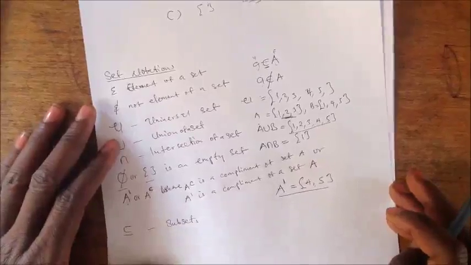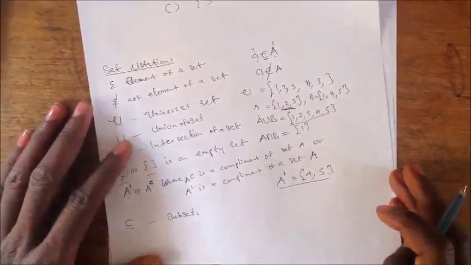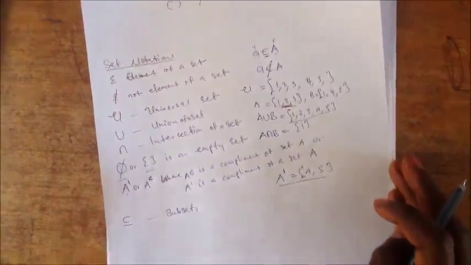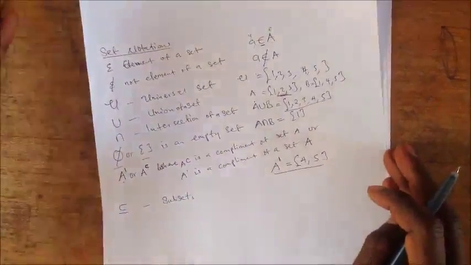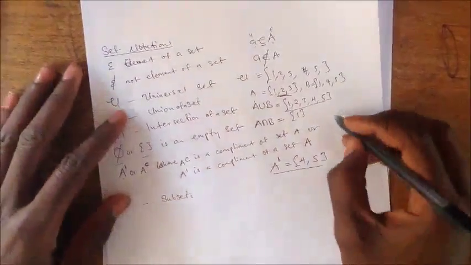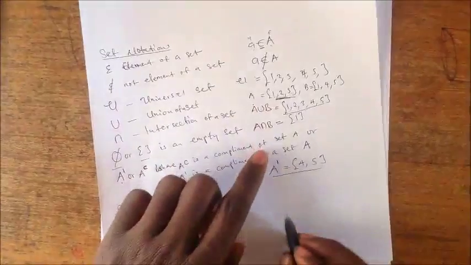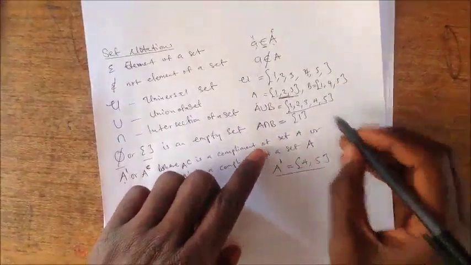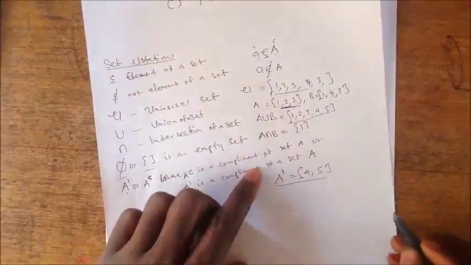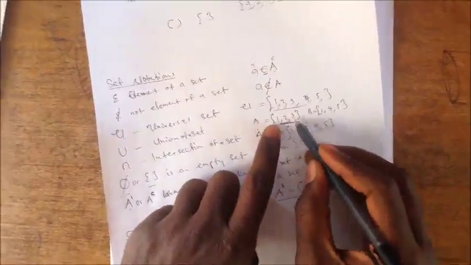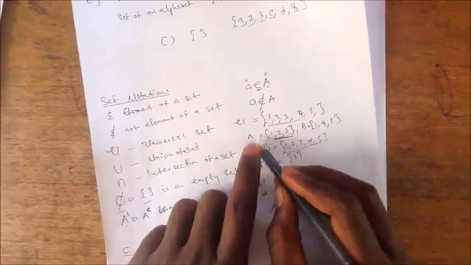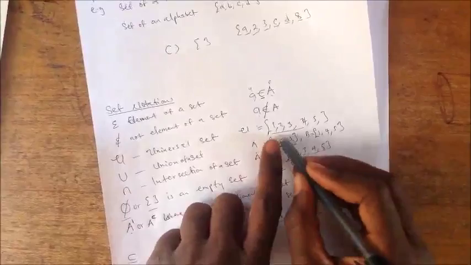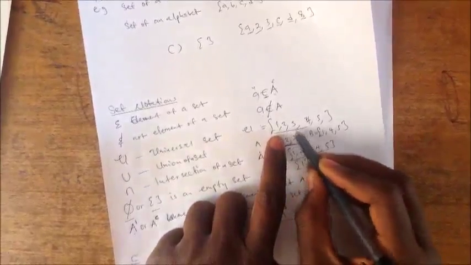Then let's talk about a subset. When we say subset, we are trying to make a relation between two sets. Let's say I have this set A and a universal set like this. If you consider 1, 2, 3, these are the elements of set A, but are they all in the universal set?